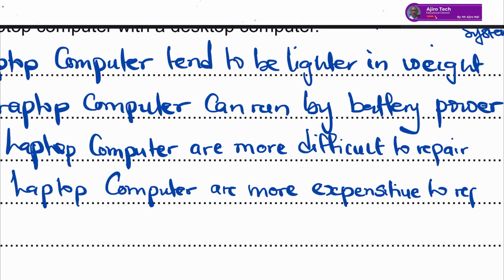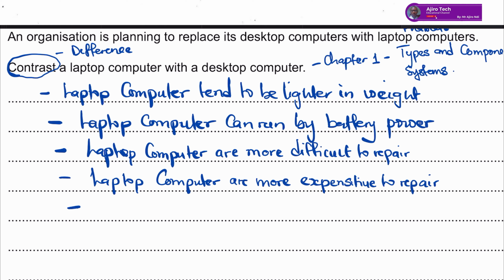Once again, when you compare laptops with desktop, the components of desktop, we know that the desktop has different separate components, but for the laptop they are integrated as one. That simply means you have your mouse, your touchpad, which is your mouse, your keyboard, your monitor, all integrated together.